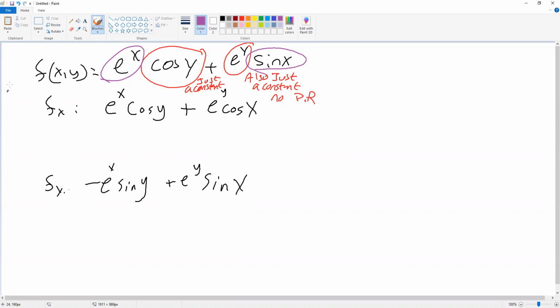So again, no product rule needed. Instinctively, you might say, oh wait, that looks like a product rule. It is a product rule, but in the world of partial derivatives, not a product. Good stuff, right?